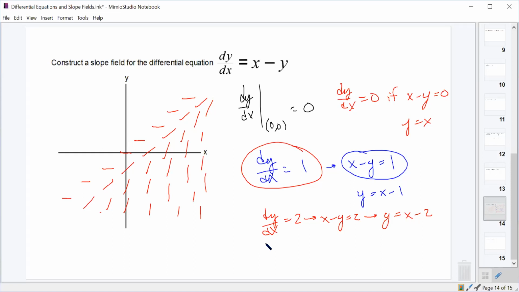Exactly. So if we said dy/dx equals -1, that would give us x minus y equals -1, or y equals x plus 1. And so we'd just be up one line above, and we now have slopes of -1.